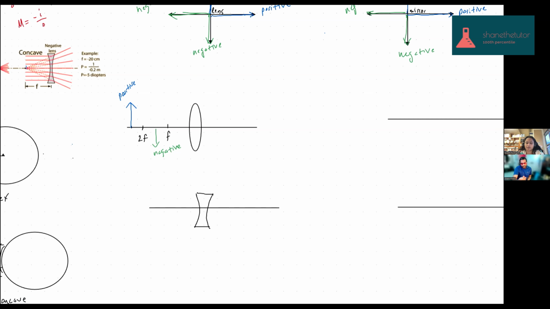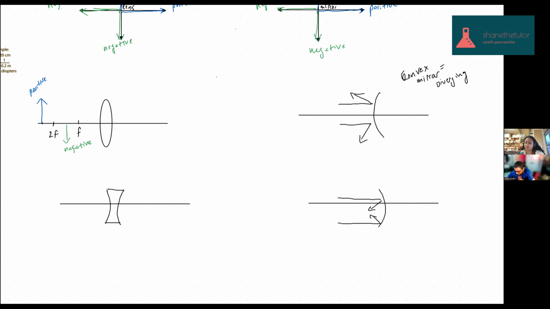So that means that a convex mirror will be diverging, and a concave mirror will be converging.